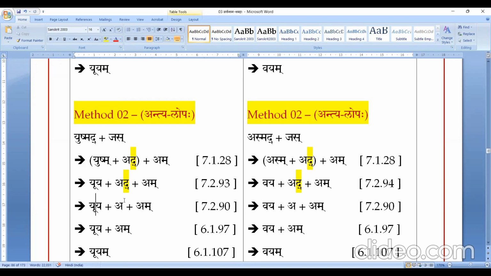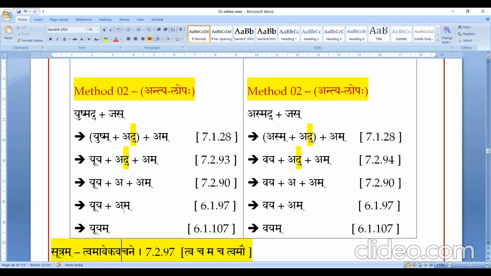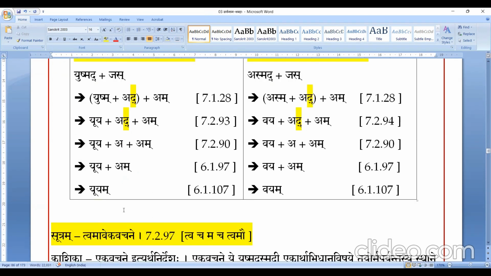So then Sheshe, here Antyasya Lopah. Sheshe Lopah means in other vibhaktis, excepting Atva Yatva, when a Pratyaya follows. Then Alontyasya, Antya Lopah. Therefore, the Ta-kara of Ad becomes lopah. And after that, we can apply Ato Gune, Ami Purvah. We get Yuyam, Vayam. So Bahuvachanam also derived.